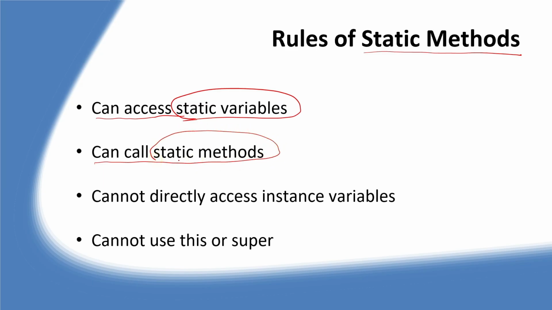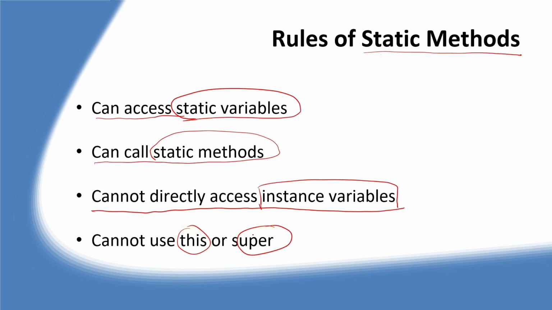That means one static method can call other static methods. It cannot directly access instance variables. Instance variables are associated with objects, so we cannot directly access them. So inside a static method, we cannot directly access instance variables, and cannot use the this or super keyword inside static methods. So these are the rules for static methods.